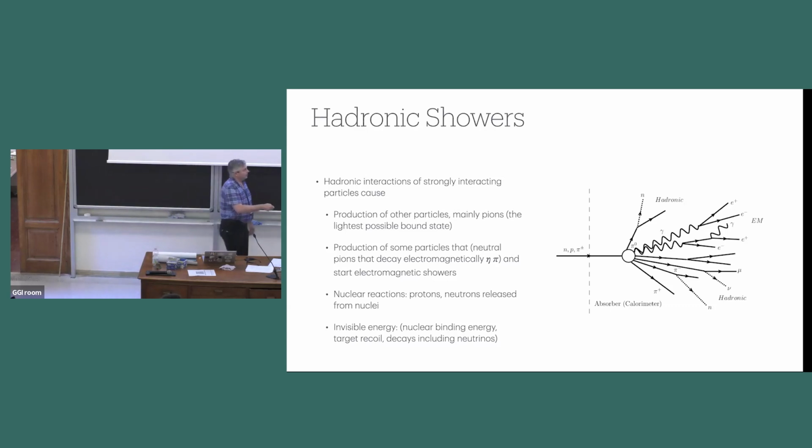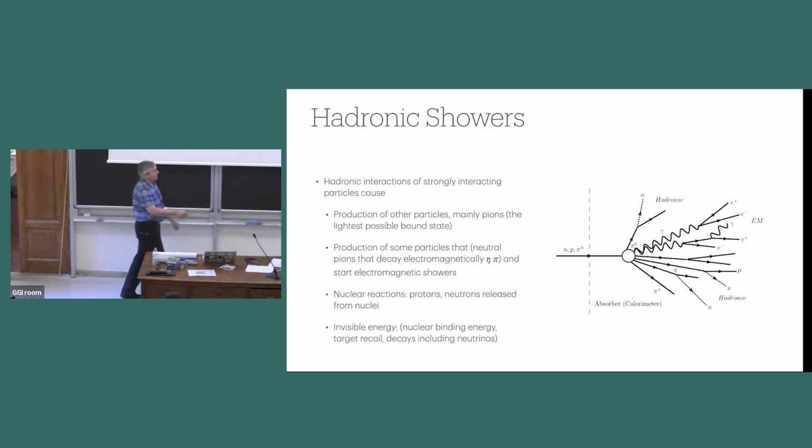In general, the nuclear interactions are also a little bit more complicated. To 0th order in the EM case, the Bremsstrahlung and the energy loss and the pair production are the most important processes. Here we can also have protons and neutrons, which are released from the nuclei. And critically, there's also energy which is intrinsically invisible or not measurable in our system.